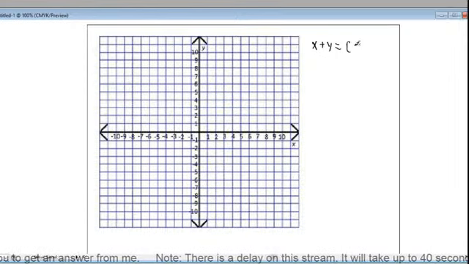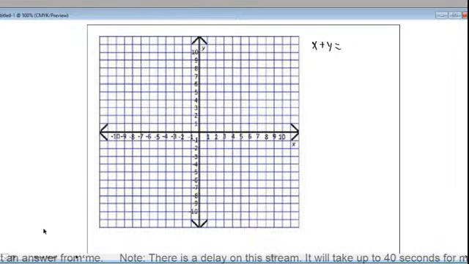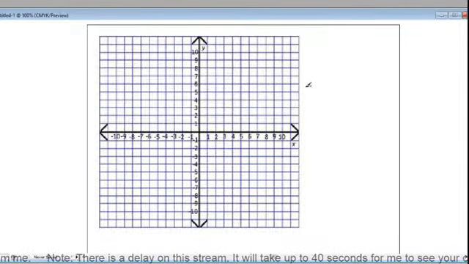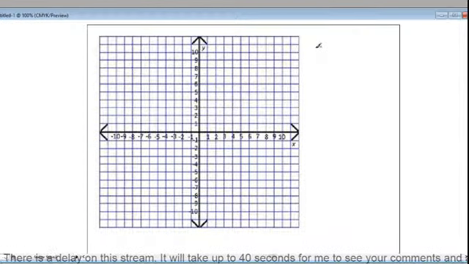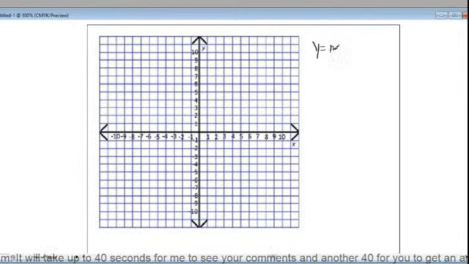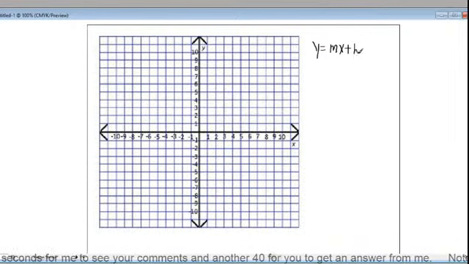However, there is another way that we can look at these, and that is not in standard form, but in what we call slope-intercept form. So that would be y equals mx plus b, which you've probably seen before.